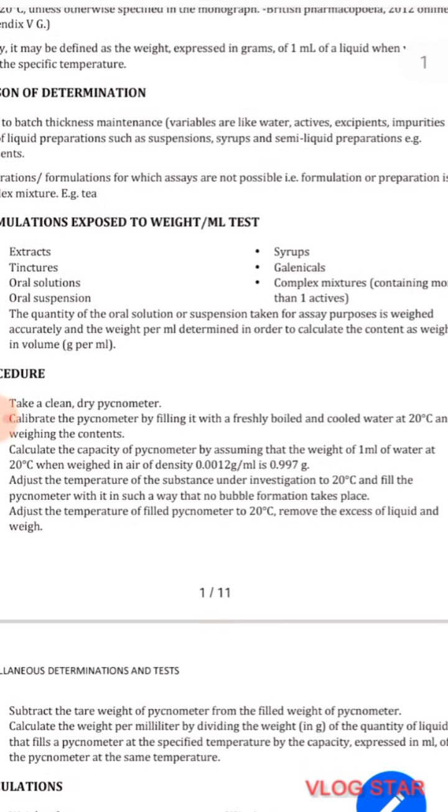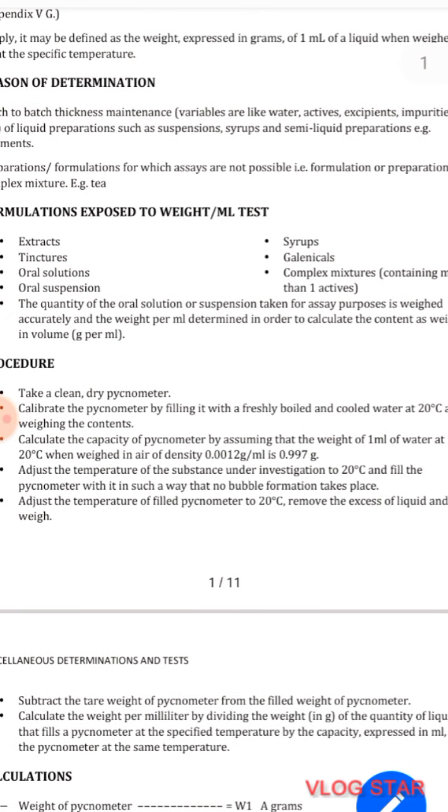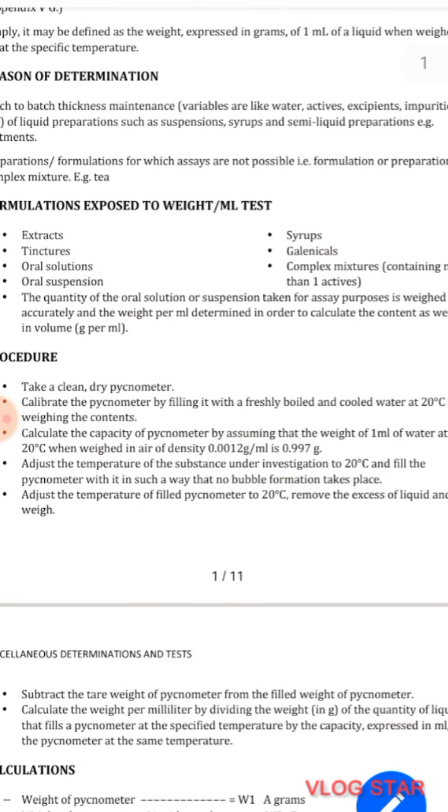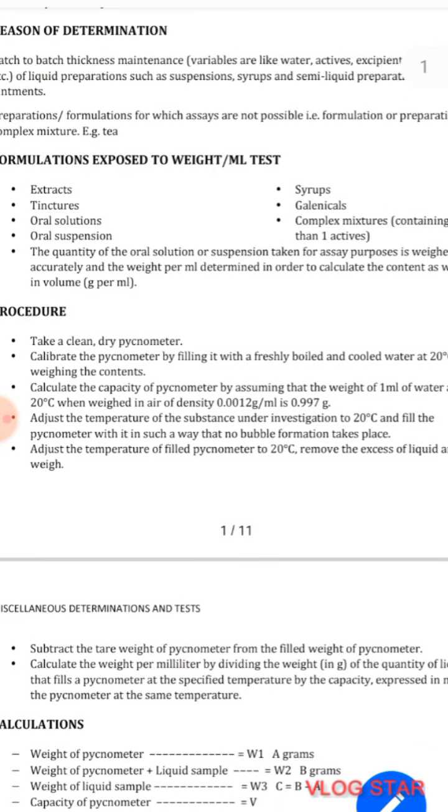Now put that water in the pycnometer, and calculate the capacity of the pycnometer by assuming the weight of 1 ml of water at 20 degrees centigrade, with its density as 0.0012 gram per ml. So adjust the temperature of that water to 20 degrees centigrade.